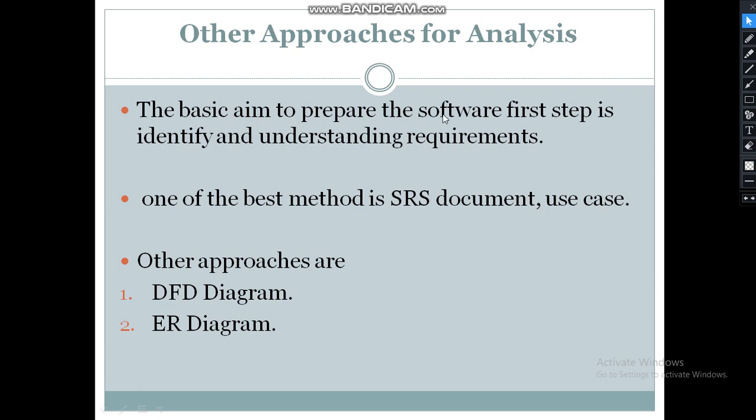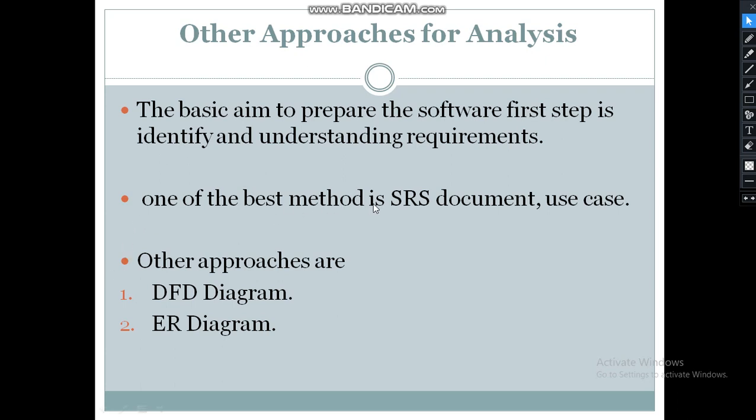The basic aim in preparing software is that the first step is to identify and understand requirements. When we are developing a project using the SDLC life cycle, requirement identification and requirement specification is the first step in the software development life cycle.